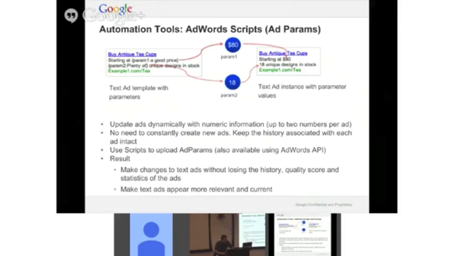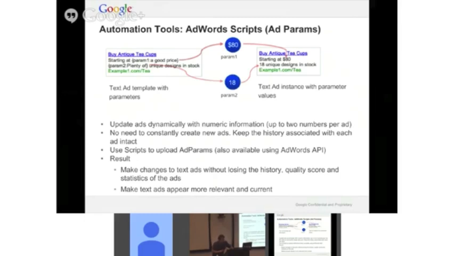You do it programmatically, so you have a template ad, which you can see here to the left, and it has placeholders that you can fill with numbers. So depending on the keyword or depending on the day, you can change these numbers throughout the day as much as you want. The good thing about this is that it keeps all the history of the ad. It doesn't interfere with quality score. These ads don't get reapproved or anything. So this is a good way to keep your ad inventory updated.